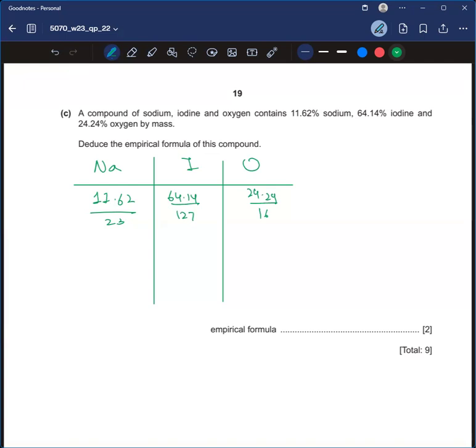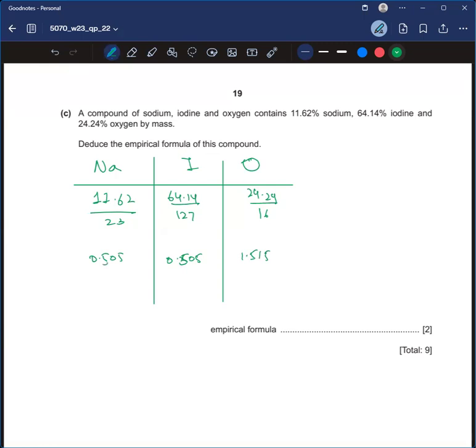So it would give us for sodium 0.505, for iodine 0.505, and for oxygen 1.515.